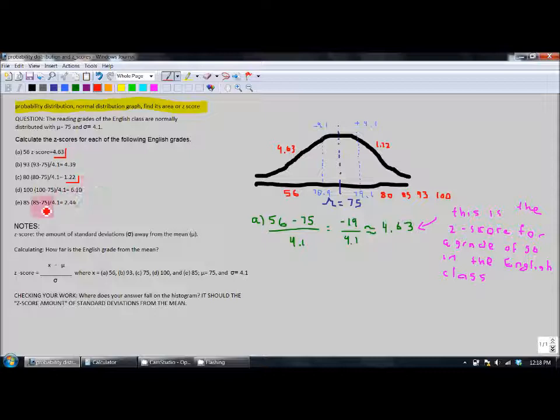For 85, you're going to have 2.44. You probably never need to do this, but it's just a bit of an explanation. For a score of 93, you have 4.39. And then for a score of 100, you have 6.10, or 6.1.